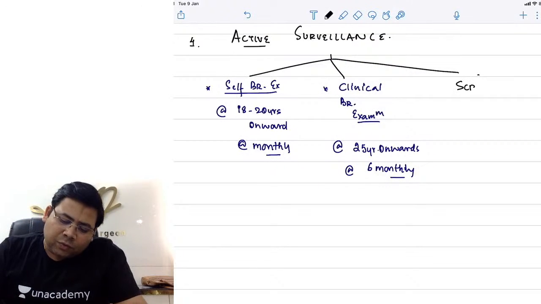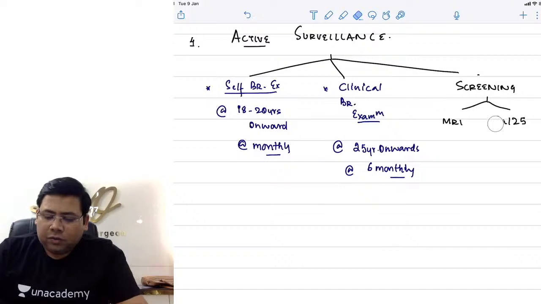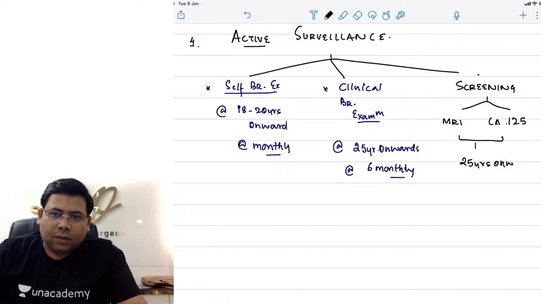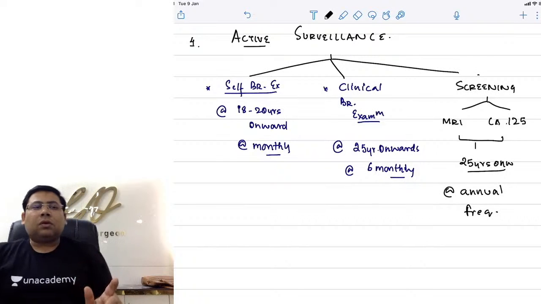I said, yes, we'll do screening MRI, and also since there is an equally increased risk of CA ovary, I will also do CA125. So CA125 and MRI are to be done from 25 years onwards, on an annual frequency. So this is all about active surveillance.